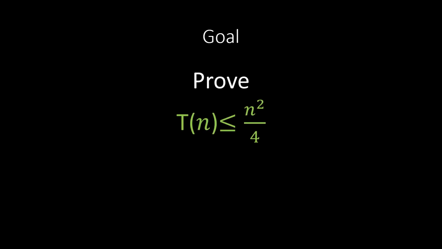So now our goal is to prove that the number of edges in a triangle-free graph with n vertices must be less than or equal to n square over 4. Now we will prove it via induction, but there will be a difference. Generally, in the final step of induction we prove that if the statement is true for some natural number n greater than or equal to some specific number, then the statement is also true for n plus 1.